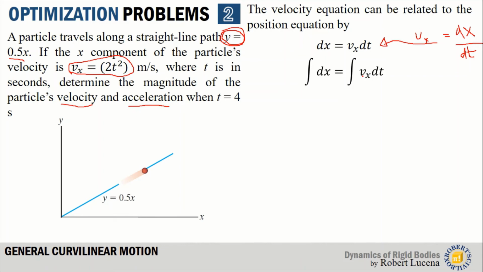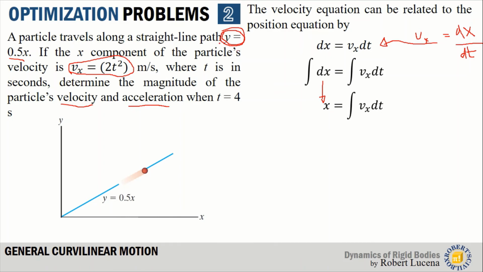And integrating this equation, we get the integral of dx equal to x, and the integral of vx dt would give us the position equation. So why do we first determine this one?